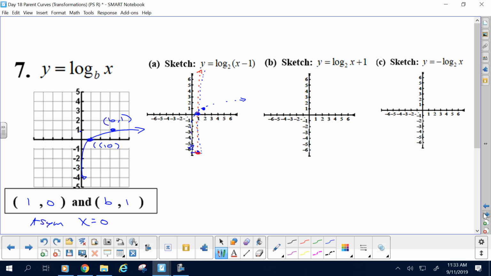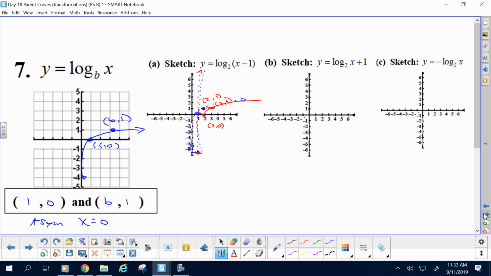And then the point 1, 0, shifted right 1, becomes 2, 0. Let me start again. This point at the axis, it was 1, 0. Do you agree? It got shifted right 1, so that puts it at 2, 0. This point that was at 2, 1 got shifted right 1, so where does that put it? 3, 1.